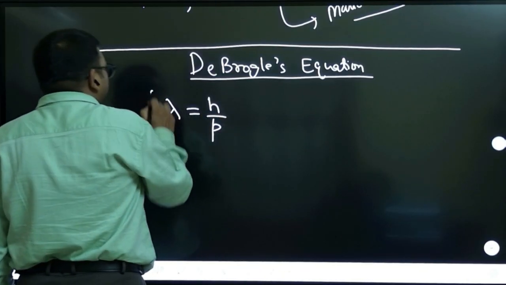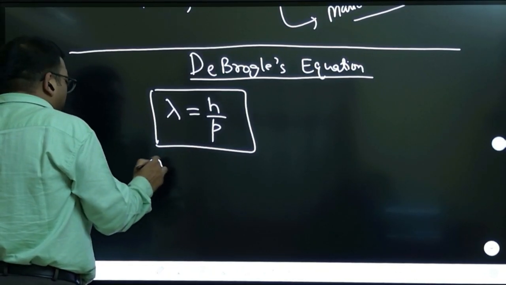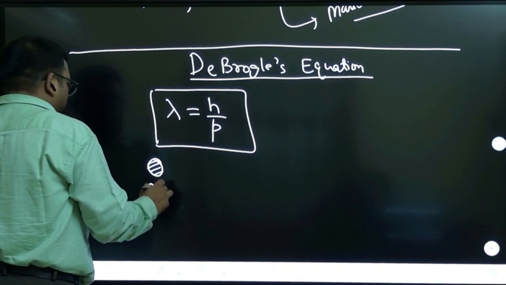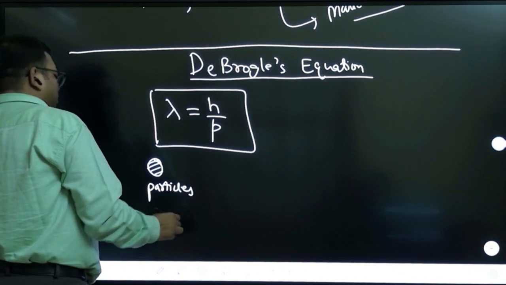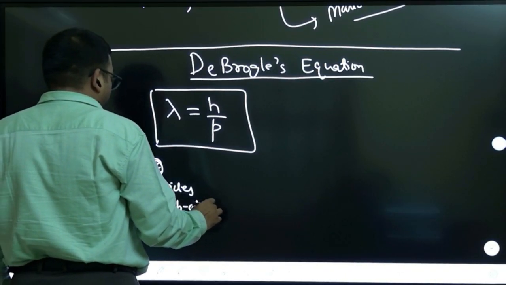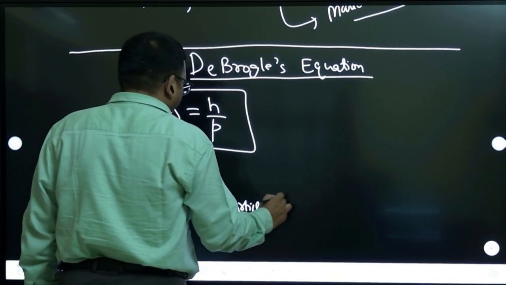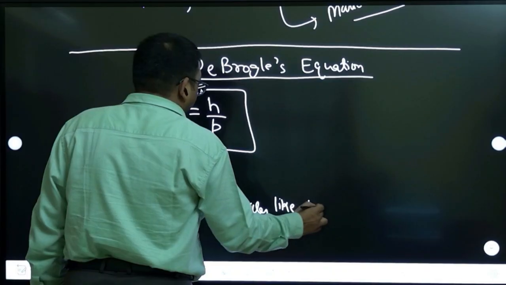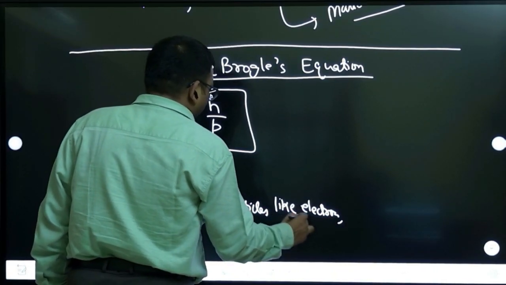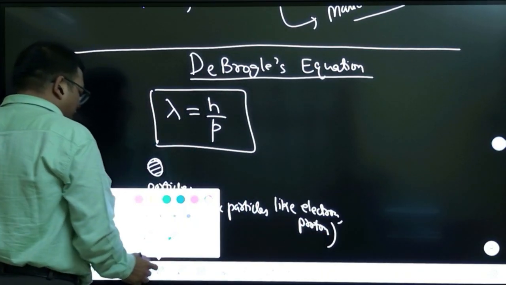What does this formula mean? Suppose we are talking of particles here, particularly subatomic particles like electron, proton, etc. These particles have momentum, right?